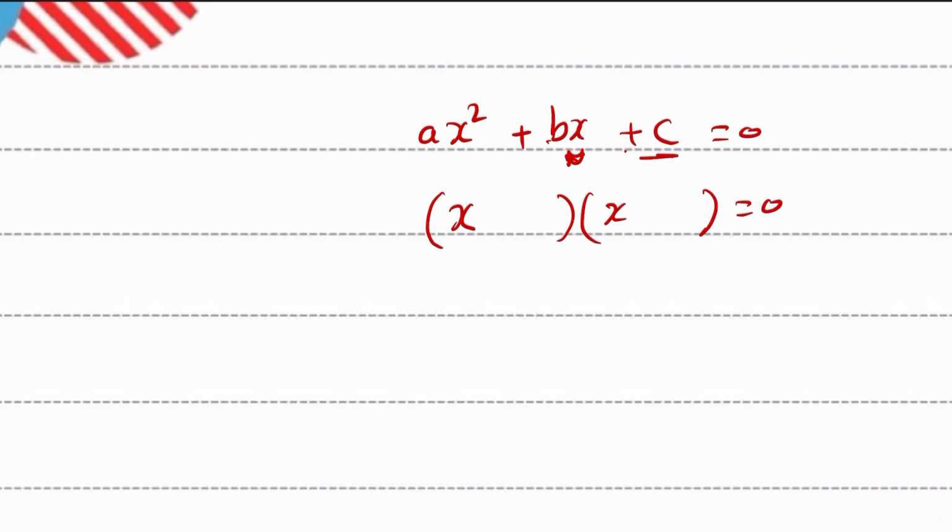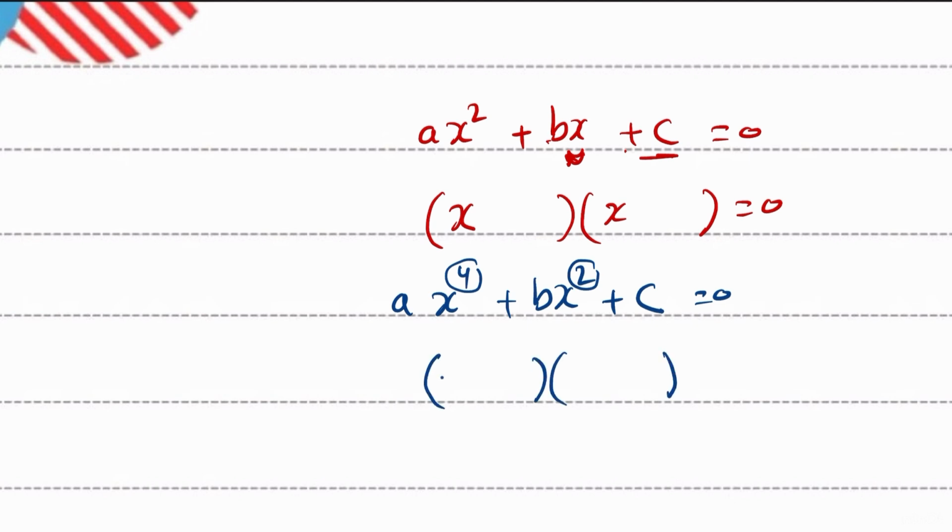But today I'm here not for this idea. I'm here for when you have ax power 4 plus bx power 2 plus c. How to factorize this? Once you find that the power here is double the power here, it looks like a quadratic. But in this case, when you factorize, rather than writing x and x, you need to write x power 2 with x power 2.